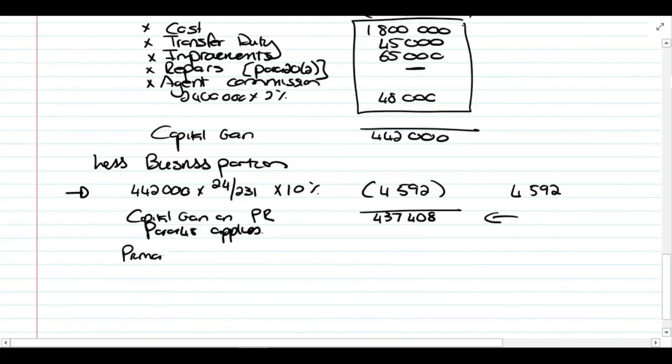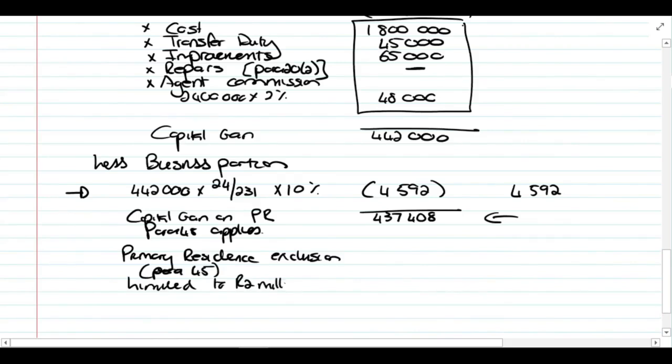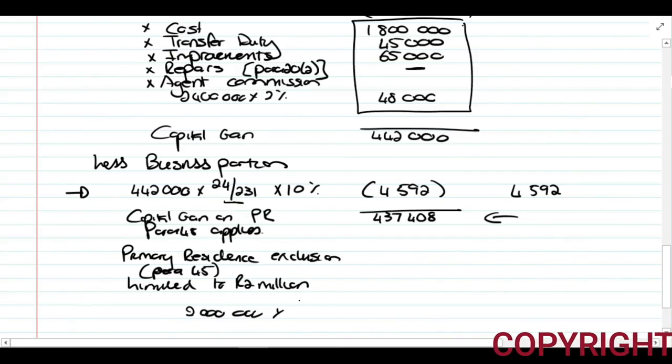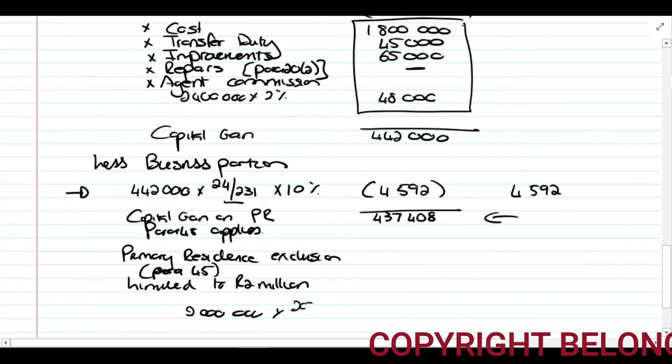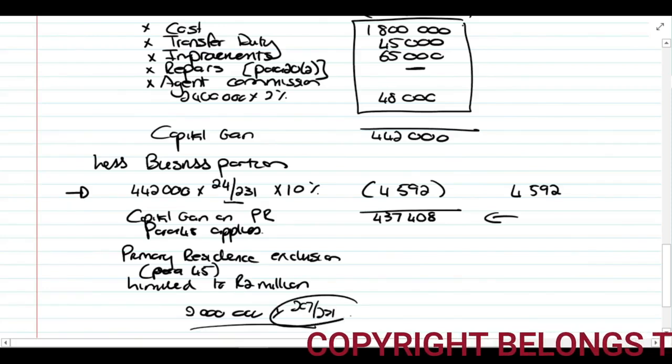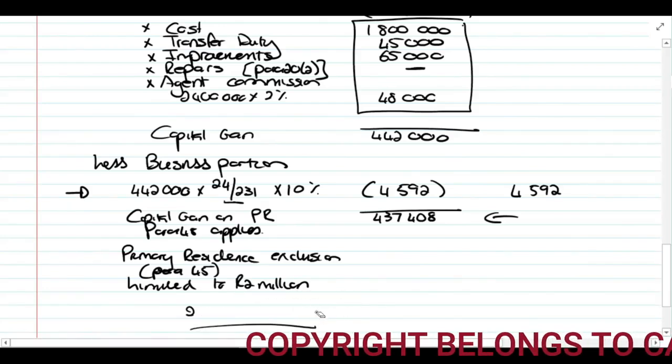So we then get a primary residence exclusion, which is given to us in paragraph 45, which is limited to 2 million rands per primary residence. Now again, if you wanted to say here 2 million times some sort of percentage, that 231 minus 24, something like 207 over 231, or any type of apportionment here, you are wrong.